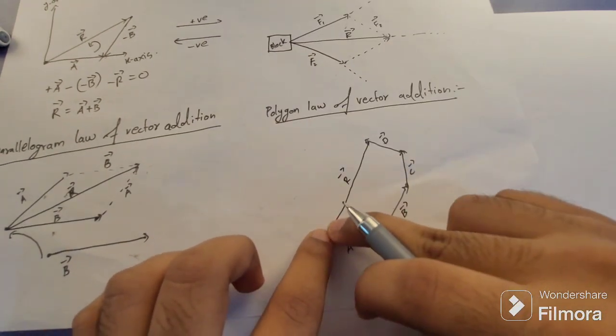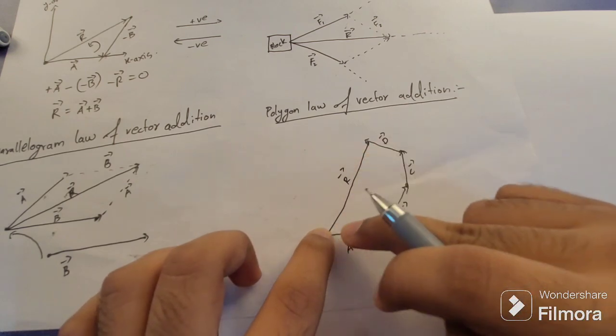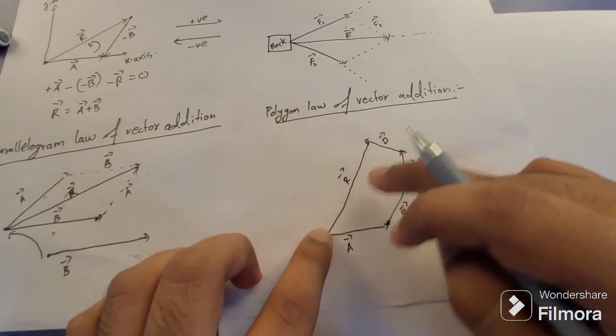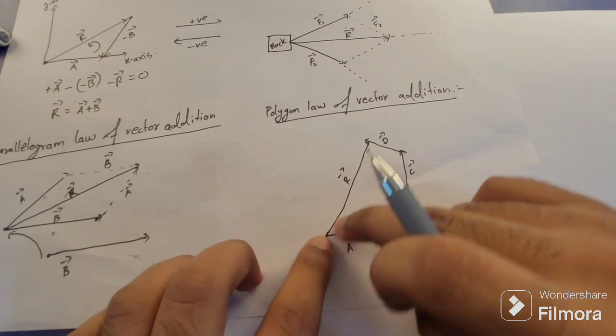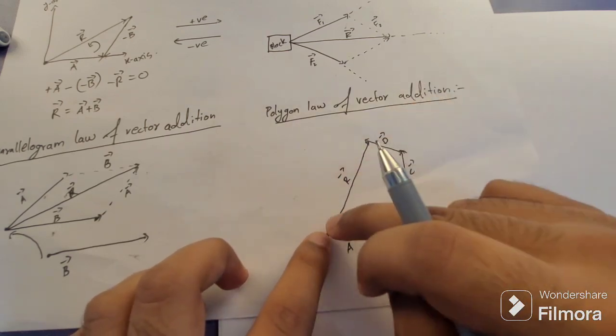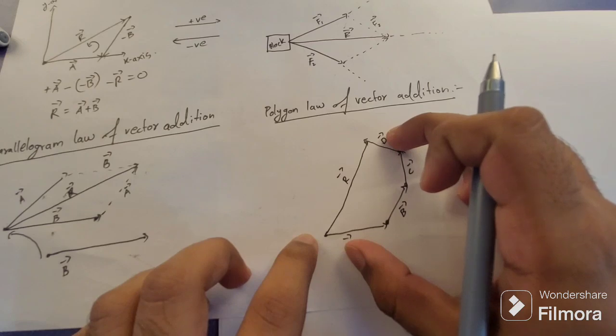So in this case, this r vector would be the resultant of all these vectors. I'm sorry for the figure, but this r vector would obviously be a straight line completing the polygon, which is this many-sided figure.